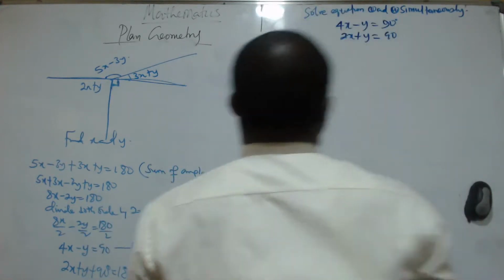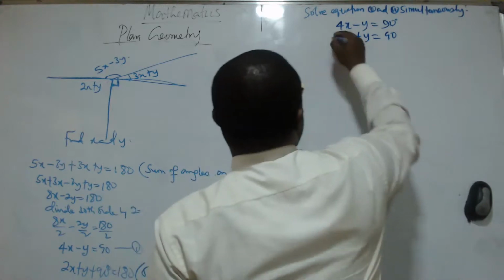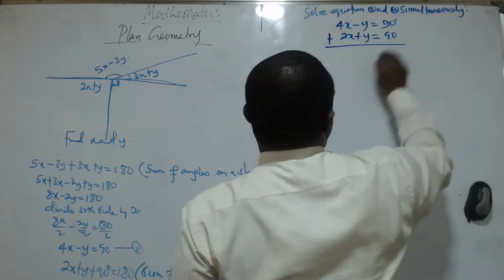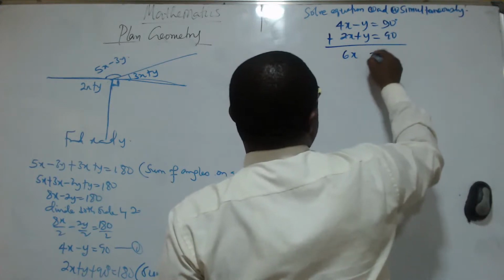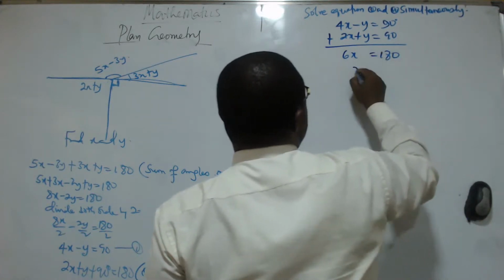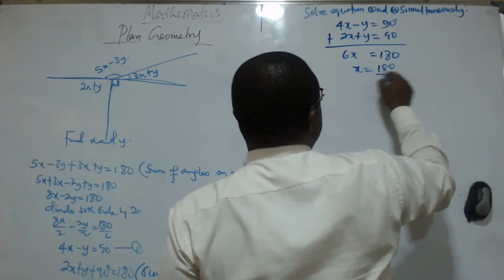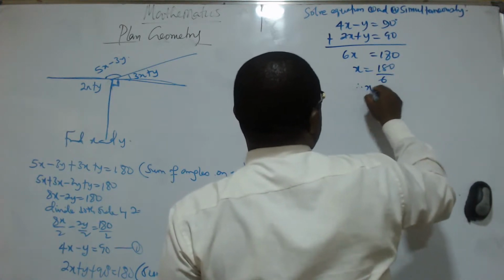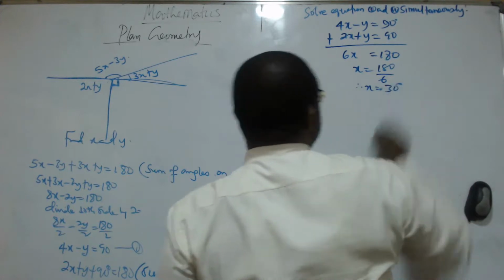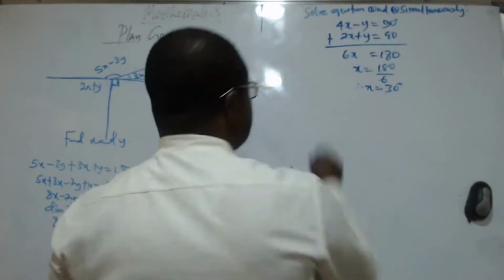Now what do we do? We add. So we are going to have 6x equals 180. So x now is 180 divided by 6. Therefore, my x is 30 degrees.